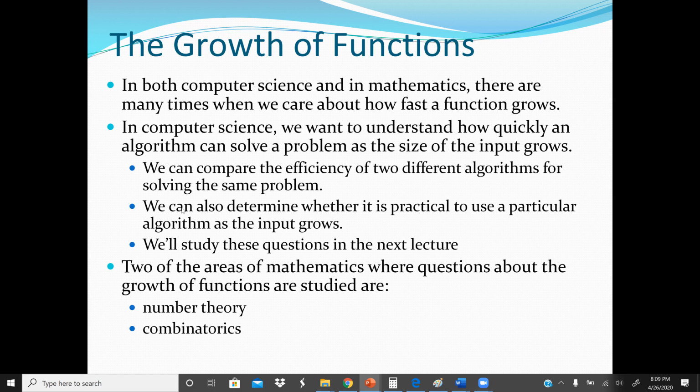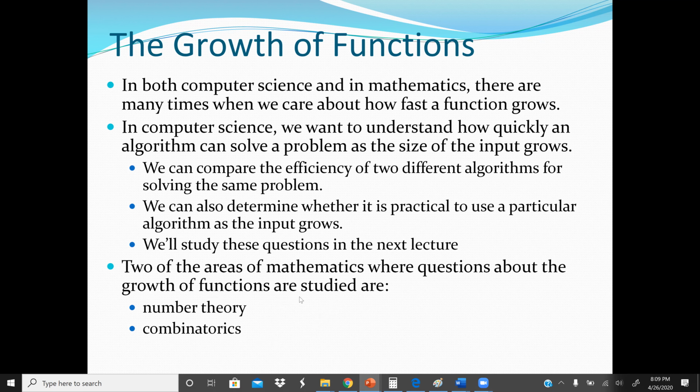And there are some problems in computer science where it's almost infeasible, not practical, to use a computer to solve them. We will discuss that in our next lectures when we talk about the time complexity concept.